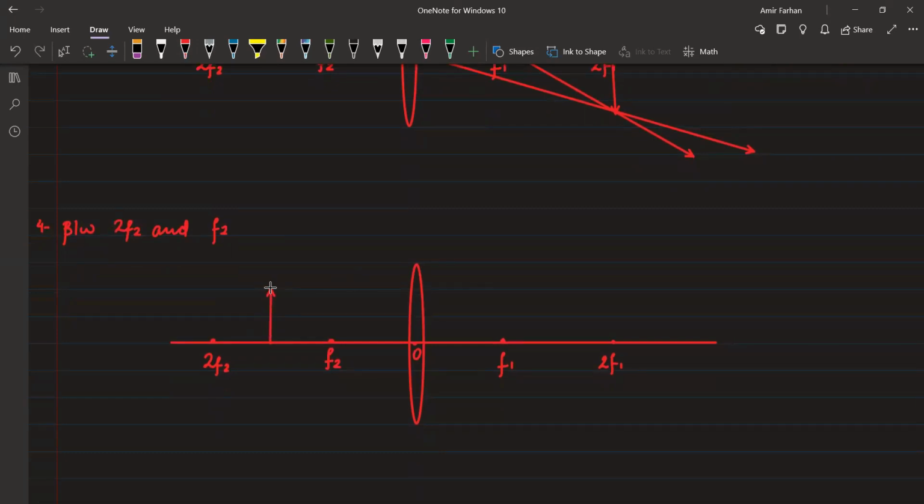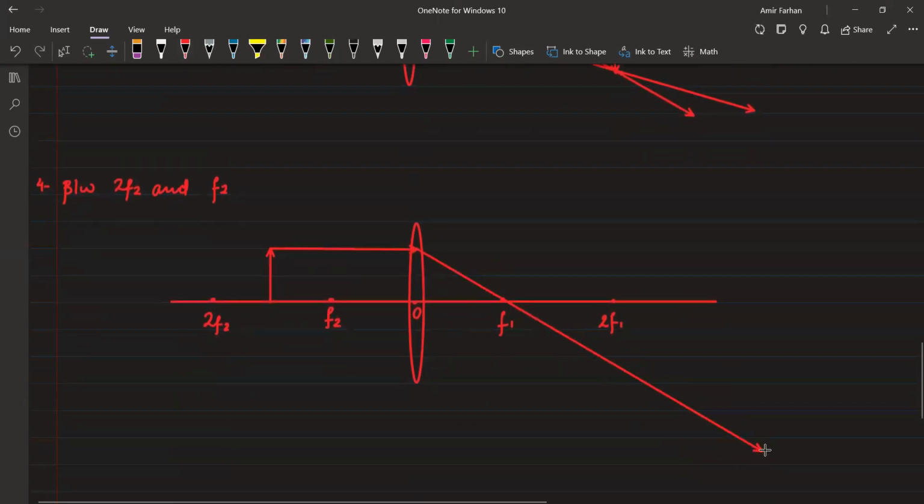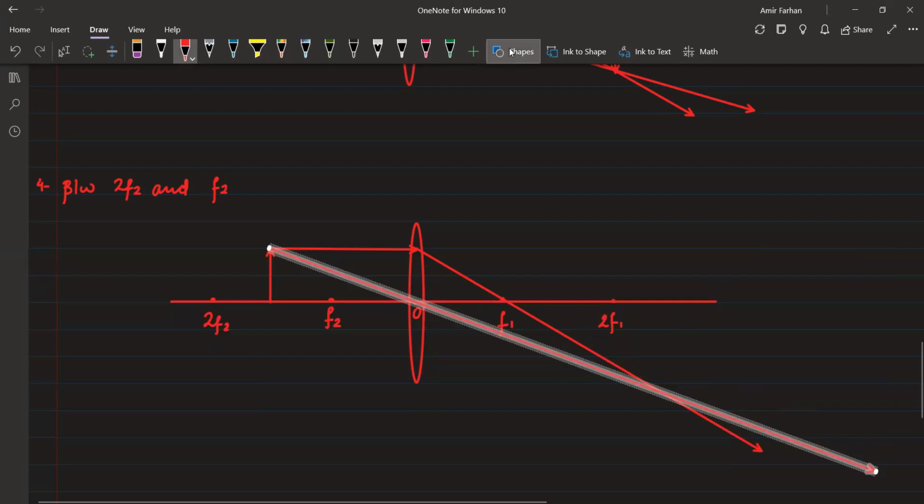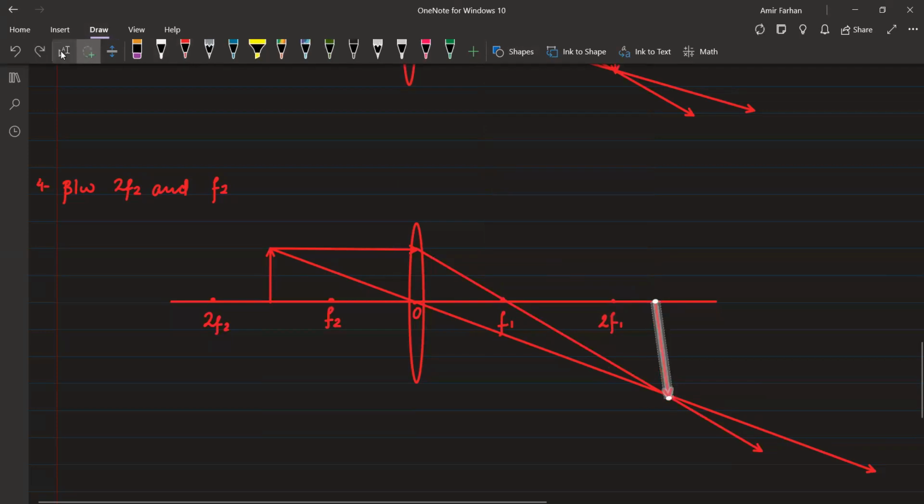Take the first ray parallel to the principal axis and it will pass through the focus. The second ray, as usual, passes through the optical center without any refraction. As you can see, they intersect beyond 2F1, so the image formed is beyond 2F1, and it is larger than the actual size of the object. Yes or no, everyone?